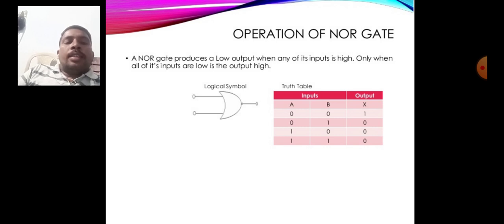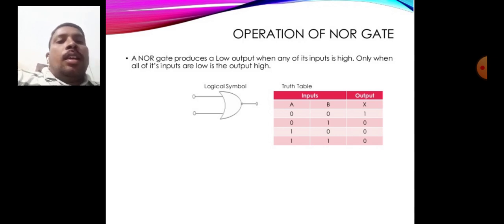So in this gate, only in one case, when both inputs are low, that means 0 and 0, will the output be high, that is 1. In the remaining three conditions, the output of this gate will be low.